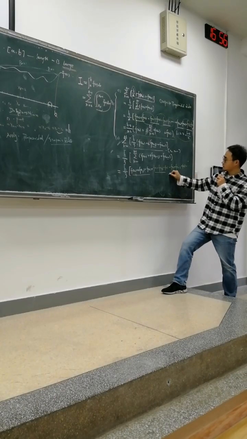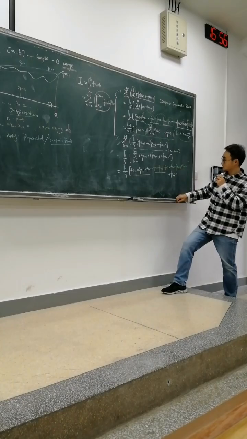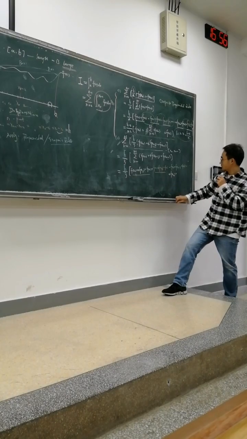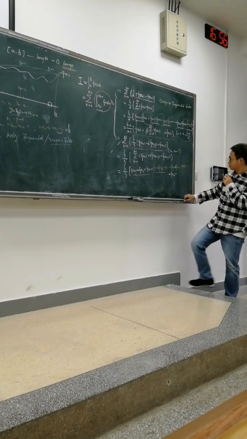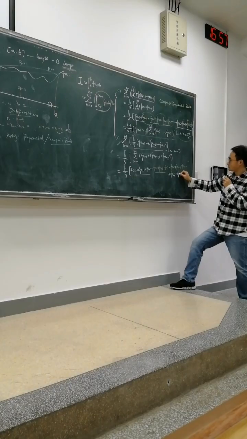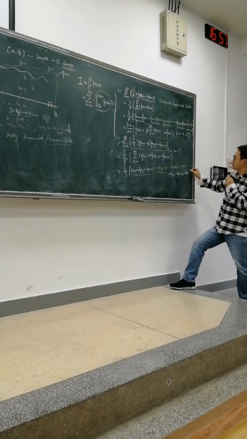The last interval should be f of xn minus 1 plus, sorry, there is 4 here, there is 4 here, and there should be 4 times f of xn minus 1 over 2 plus f of xn, right?